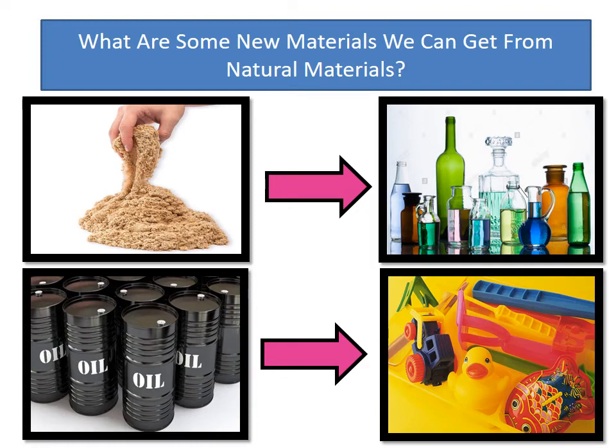Oil is used to make plastic. Plastic can be molded into all kinds of shapes. Glass and plastic are materials that can be recycled and made into something new.